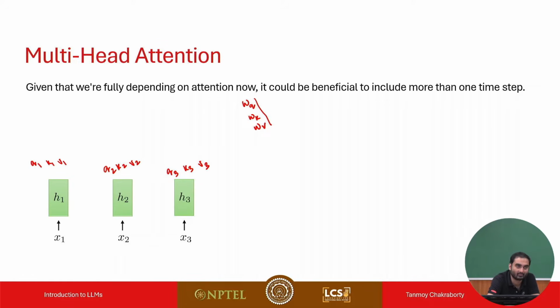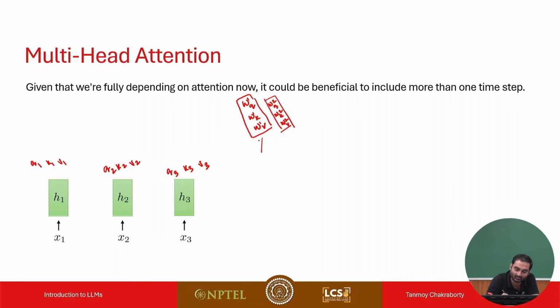In multi-headed self-attention, we repeat the same thing multiple times, meaning we have one set of parameter matrices, and we take another set of parameter matrices. Let's say this is WQ1, WK1, WV1, and WQ2, WK2, WV2 is another set of parameter matrices.